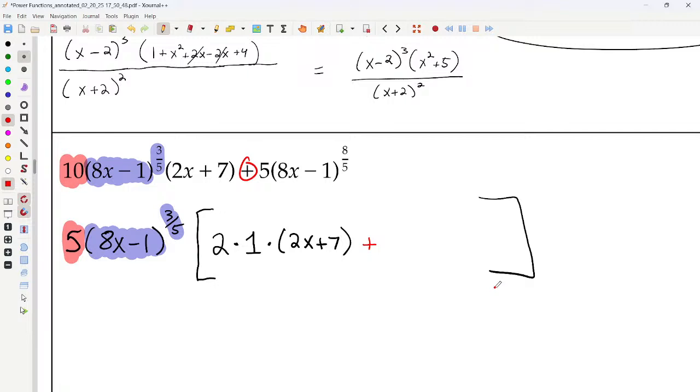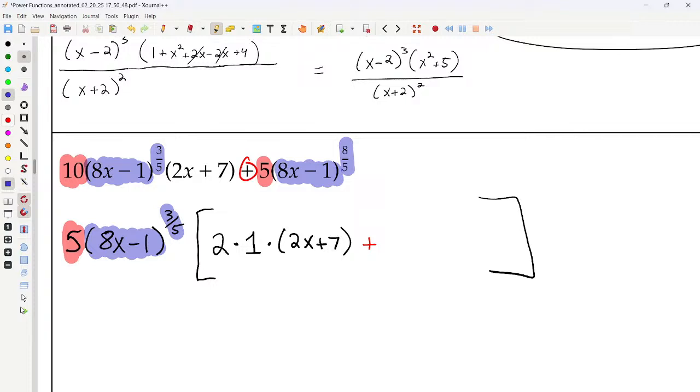Now we do it again. We're going to take the 5 and divide it by our GCF, 5. That becomes 1. And we're going to take the group 8x minus 1 to the 8/5 and divide it by 8x minus 1 to the 3/5.